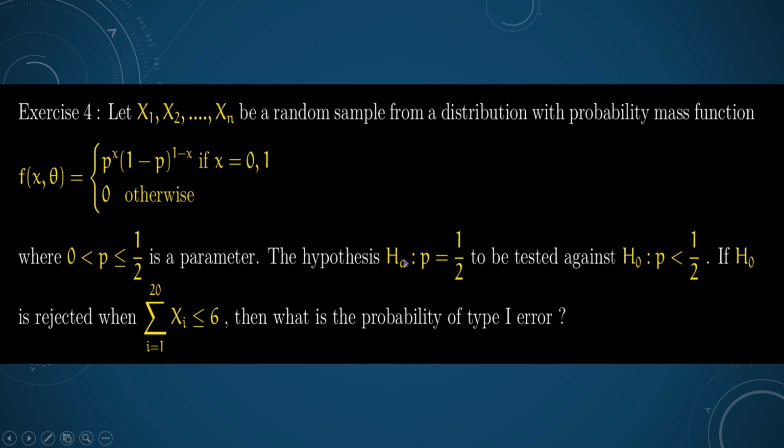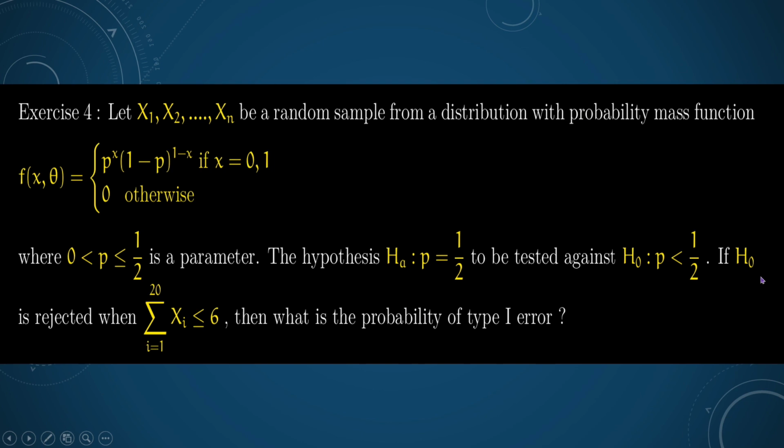For the hypothesis, you have to know that H_A is p equal to half, to be tested against H0, denoted by p less than half.